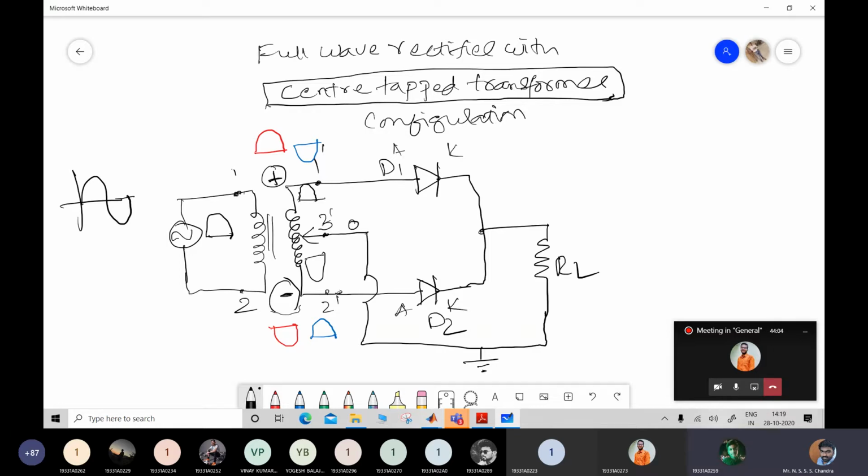D1 will be in forward bias, sir. D2 will be in reverse bias. Yes, because for diode D1 you have a positive voltage at the anode, whereas for the anode of D2 you have a negative voltage. You know that a diode will be in forward bias only when the anode is at higher potential than the cathode. So for diode D1 the anode is at higher potential than the cathode, whereas for diode D2 the anode is at lower potential than the cathode.